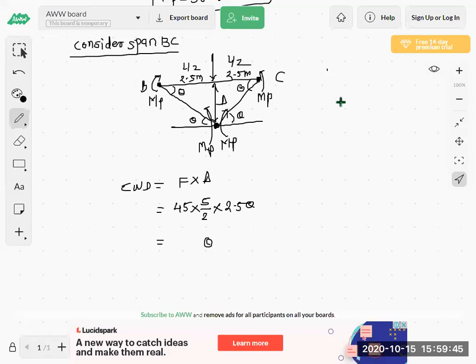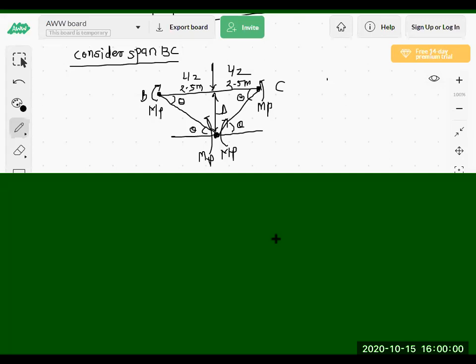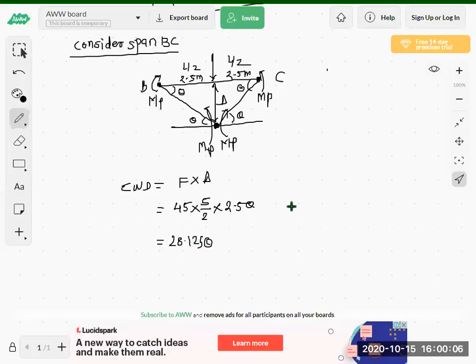Answer is 28.12. Is this correct? 28.12 theta. Priyanka has given answer to me. Others please. Others please put the answer.